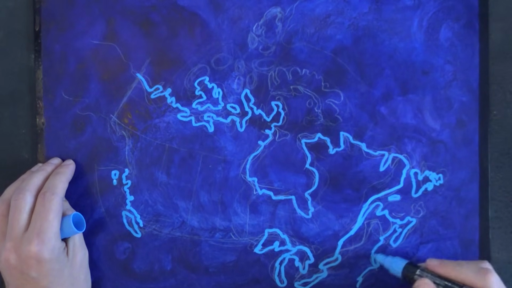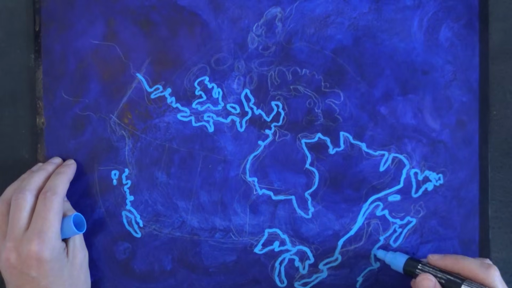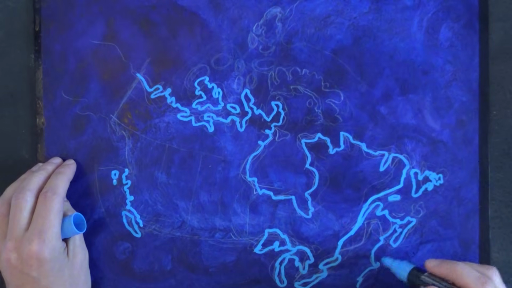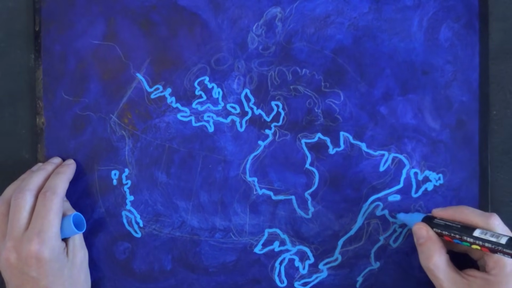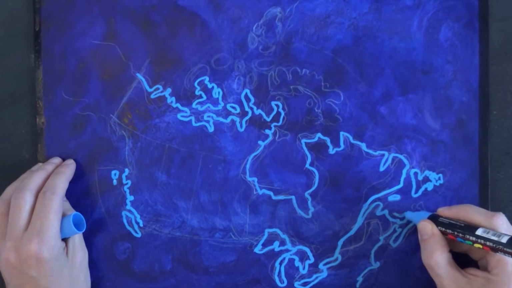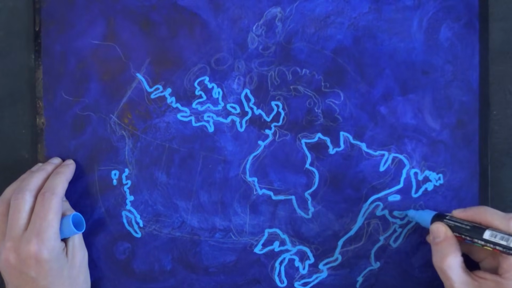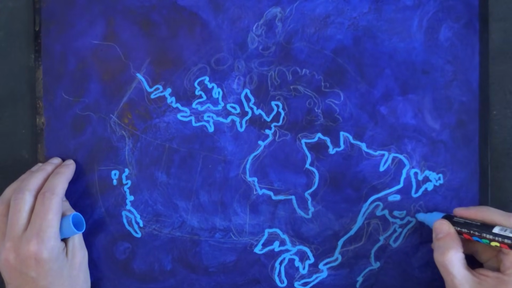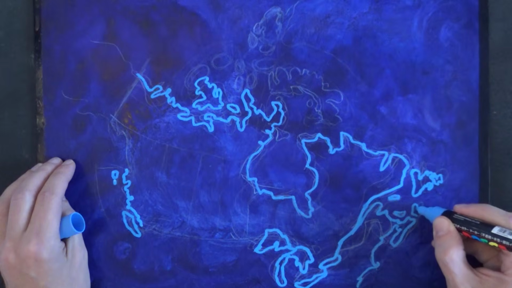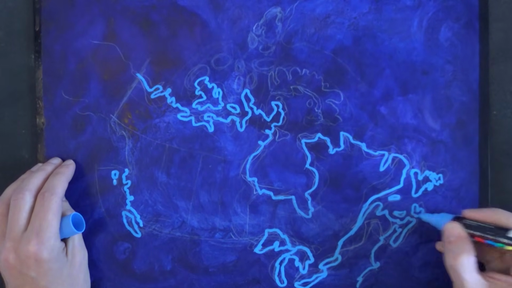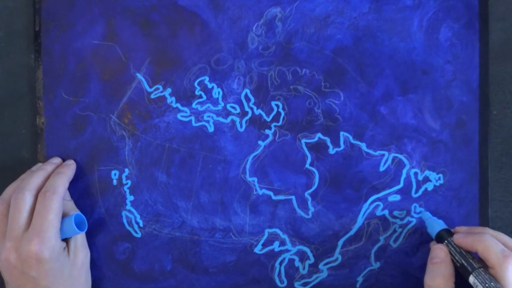Here's the US, the New England part of the US. Not a super big island here, but it's actually its own province. And here's another island, part of Nova Scotia.